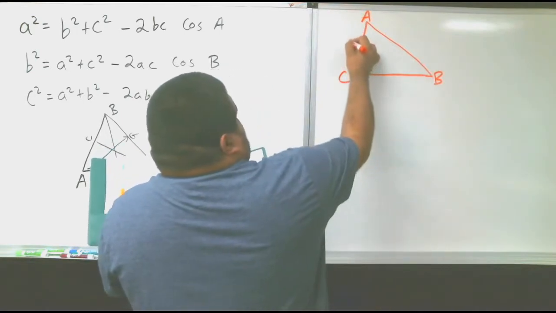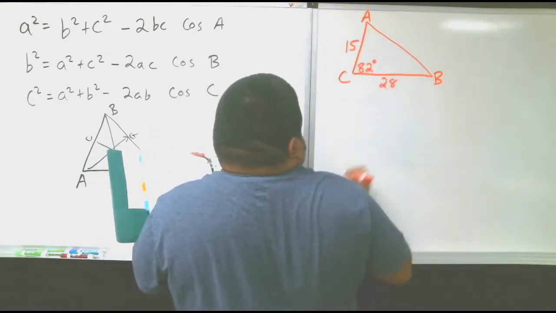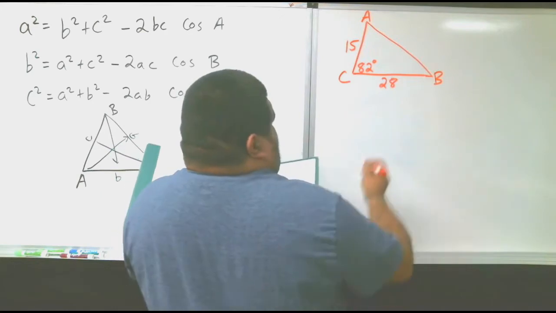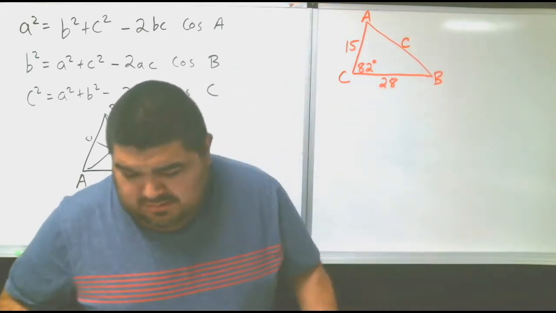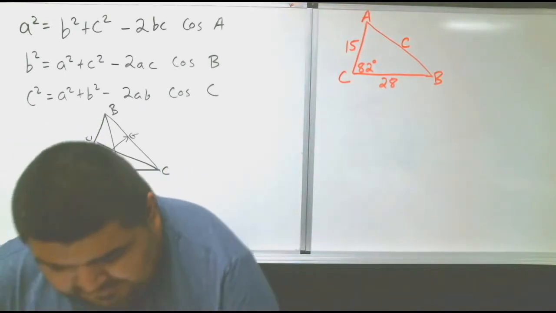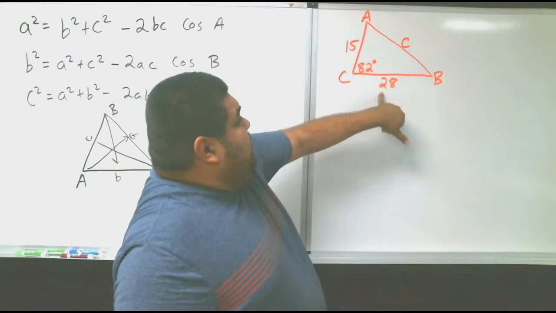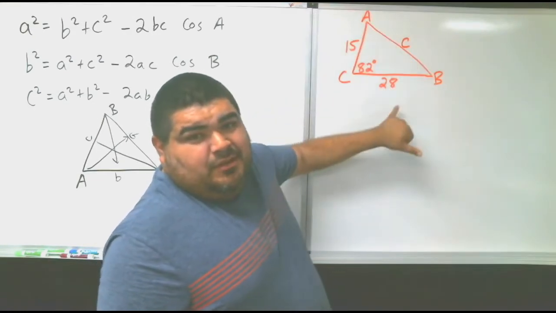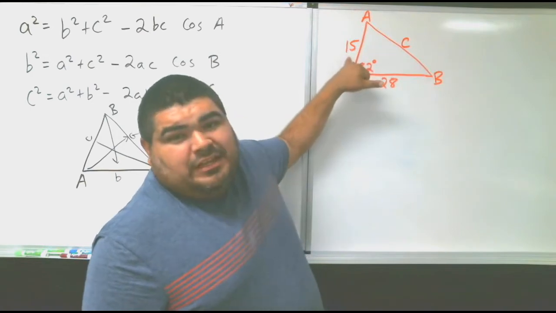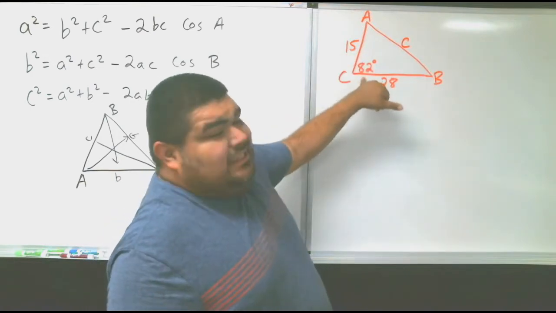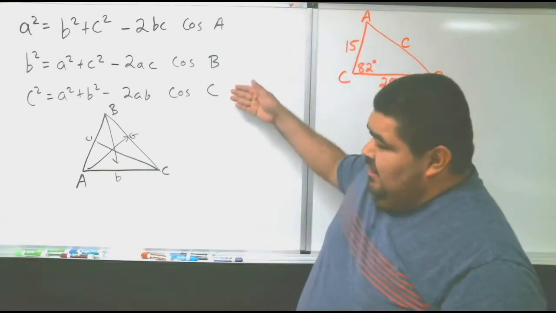It also tells us that one side is 15, the other one is 28, and we need C. So we have 15 and 28, we have capital A, lowercase a, capital B, lowercase b, and angle C. Which one of these three equations are we going to use, you might ask.